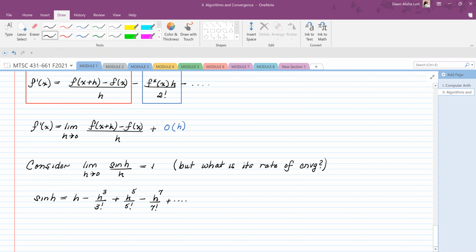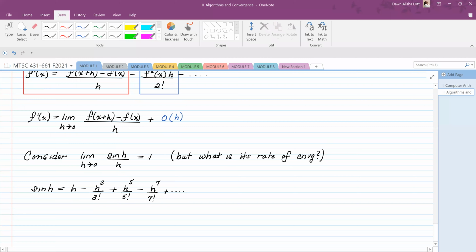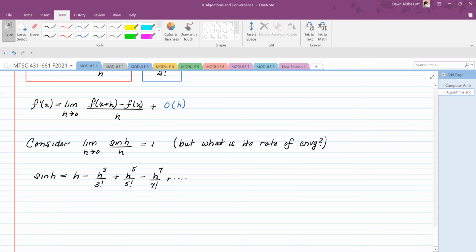Okay, so now by alternating series theory, we know that the error in any approximation that we're looking at can be maximized by the magnitude of the next term. So now let's look at the sine of h over h.